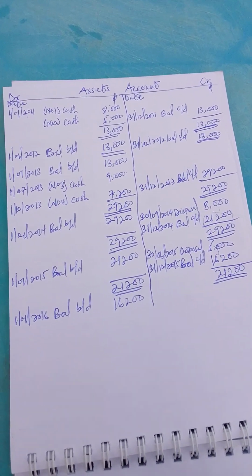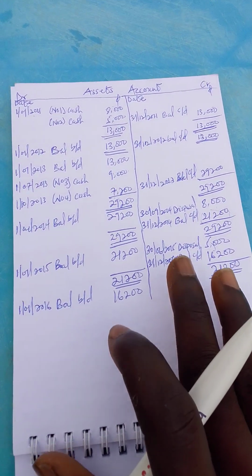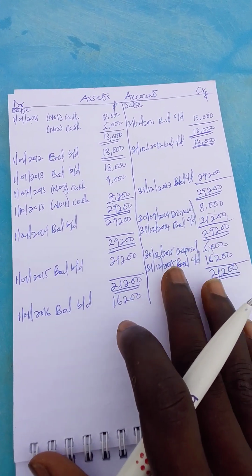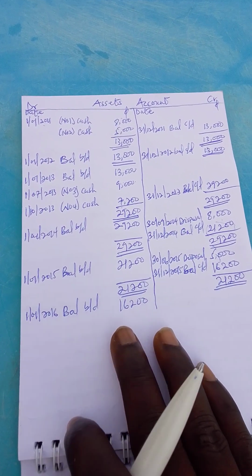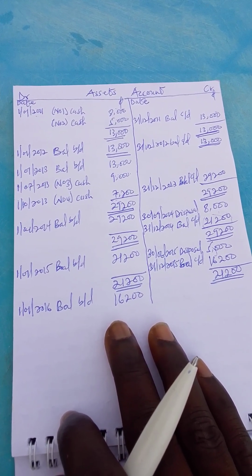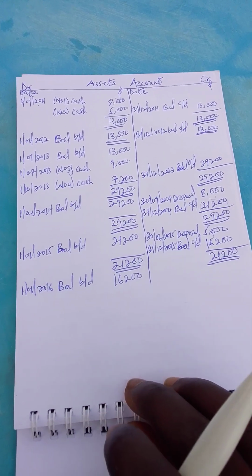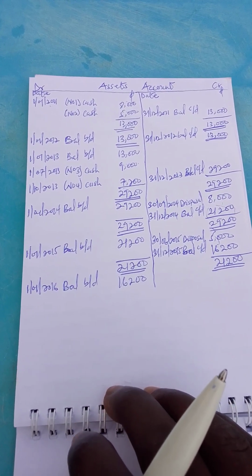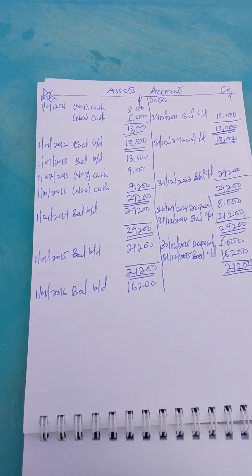It's done for that question that I read. So this is how it is. Very simple, very understandable and easy. So I'm going to continue with the other one, which is the accumulated depreciation. After then we also do the disposal accounts.